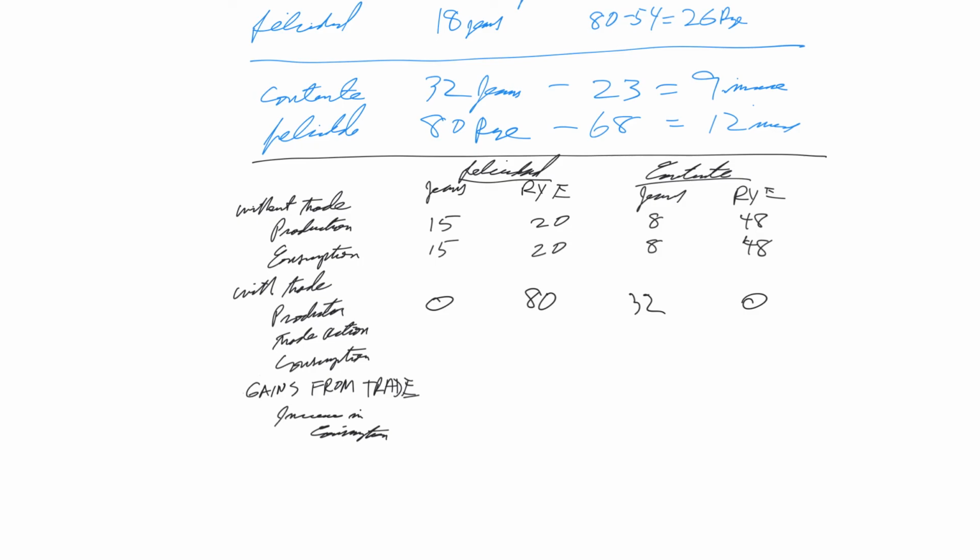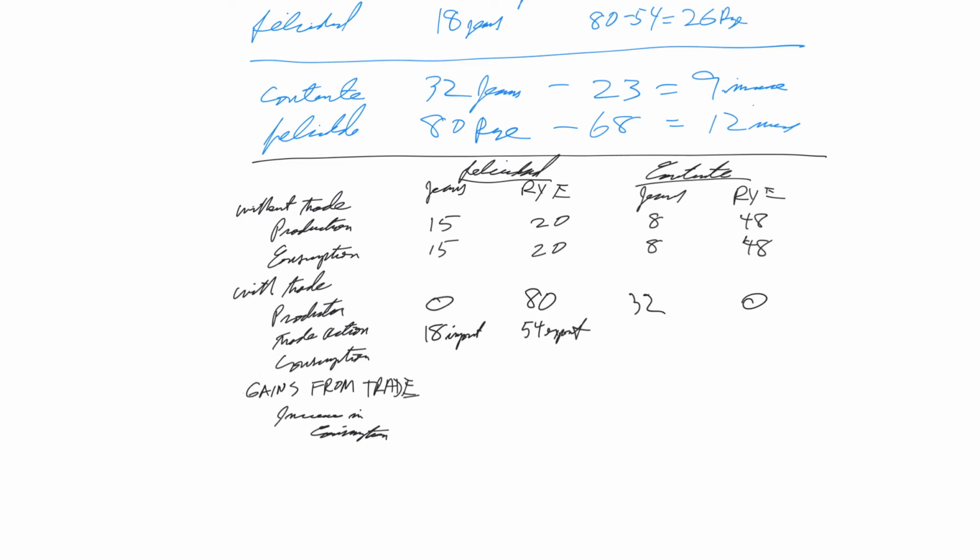So the trade action for Felicidad is they're importing 18. And what are they doing with rye? They're actually exporting 54. Again, this is nothing new. We're just sticking it in the table. So Felicidad is importing 18 genes and exporting 54 rye.